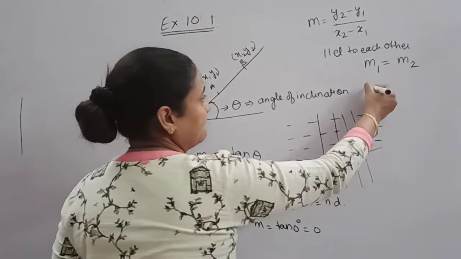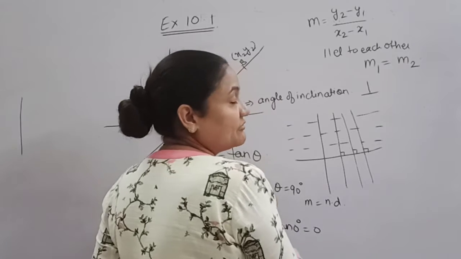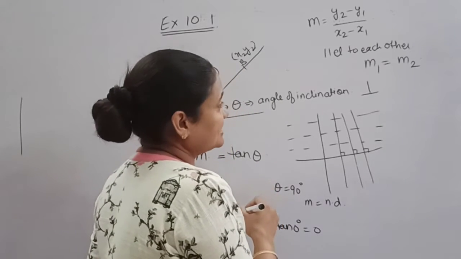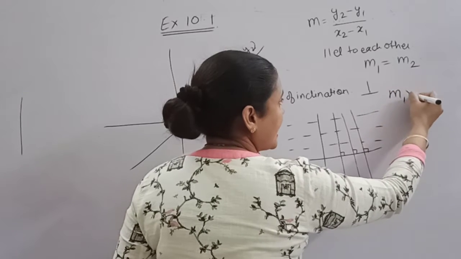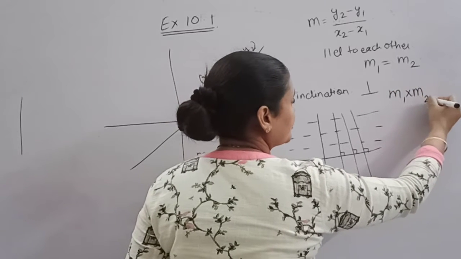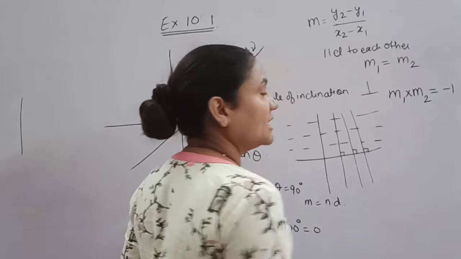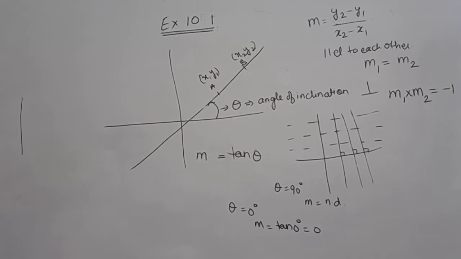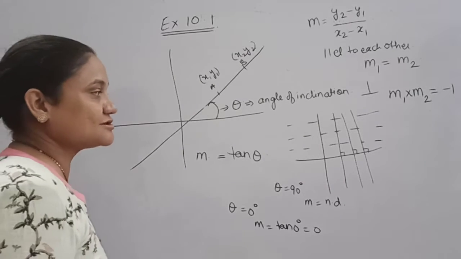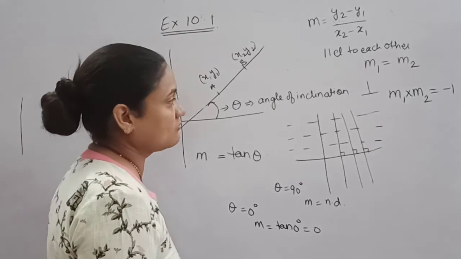Now for perpendicular lines, the condition is m1 into m2 is equal to minus 1. Means the slope of the first line multiplied by the slope of the second line will be equal to minus 1.